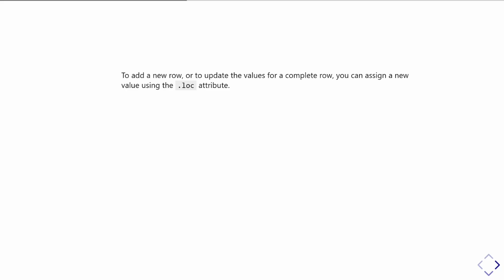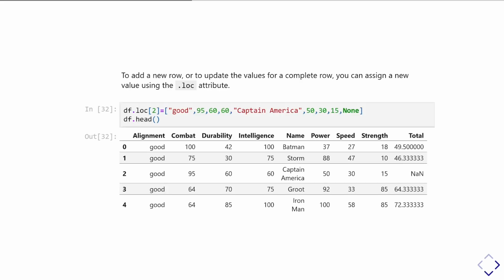To add a new row or to update the values in a row, you can just pass new values using the .loc attribute. So again, that works in a similar way. In this case I've got df.loc, I've specified the row I'm interested in, and now I'm passing it a series of new values. And now you can see that I've overwritten the values for Captain America with a different set of values.